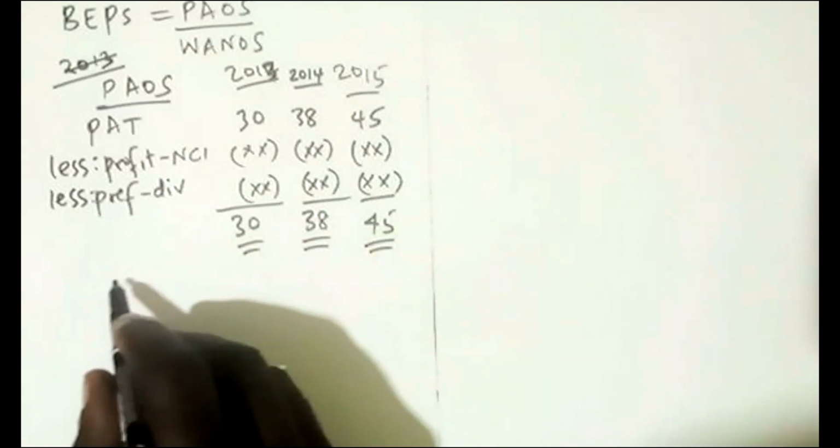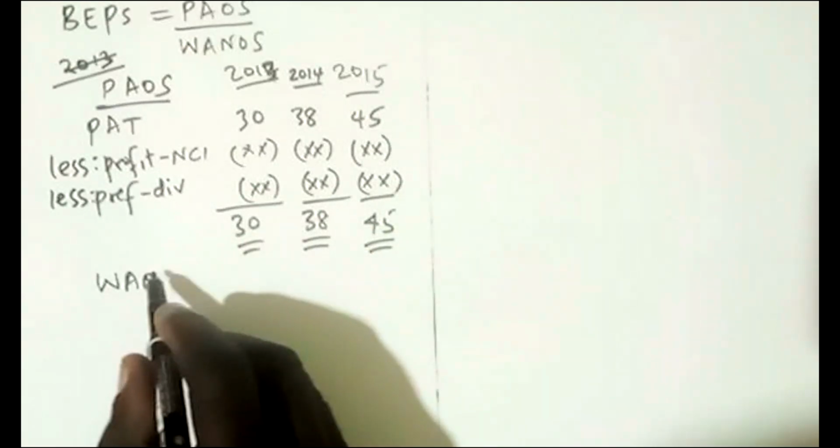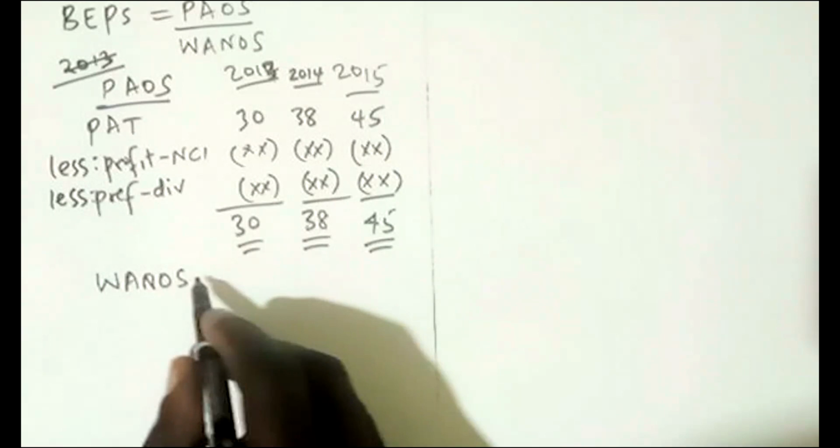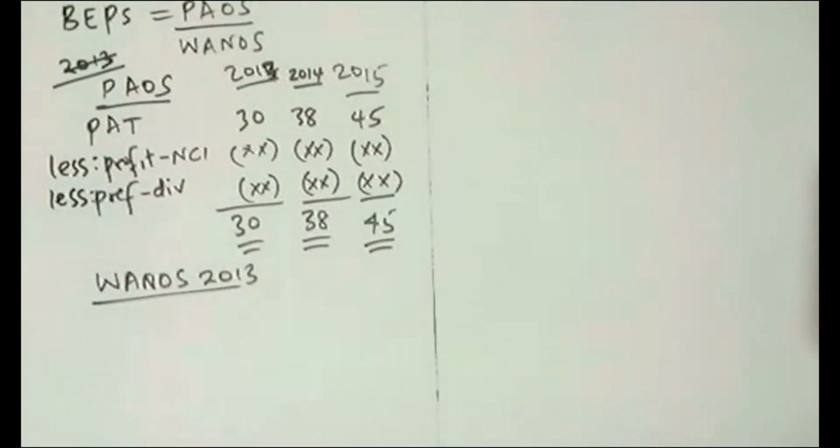So let us look for the WANOS for 2013. We have to check the shares which are provided in 2013, to be more specific, the ordinary shares, not just any shares.